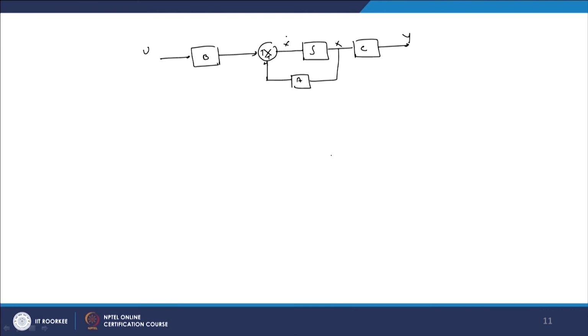So, in this case we have the state which is coming, that is here T dot, and here it is coming with an integrator.